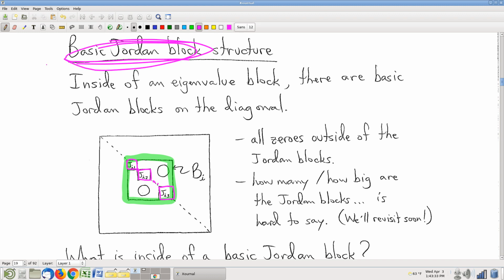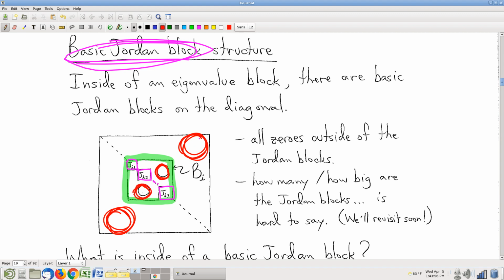Sometimes it's called Jordan blocks. Okay. Again, all zeros outside of the block. So we already knew that there was all zeros out here. Outside of the eigenvalue blocks, we knew that was all zeros. Now I'm saying even inside of the eigenvalue blocks, as long as you're outside of the basic Jordan blocks, all zeros.